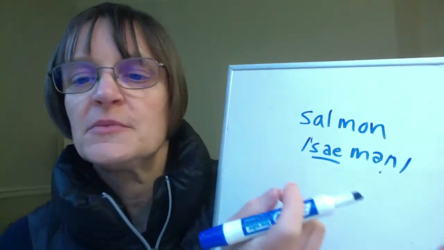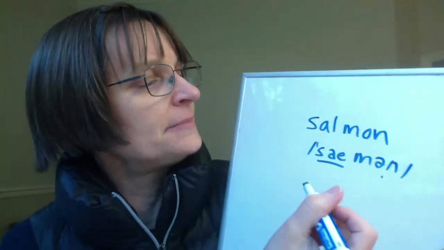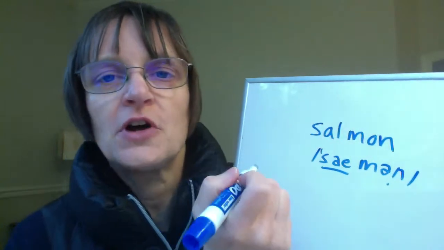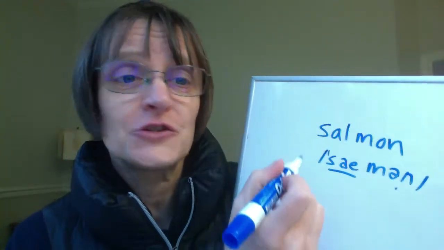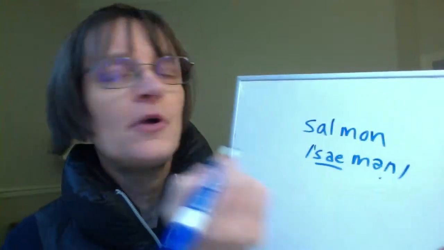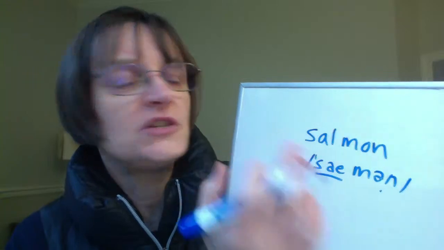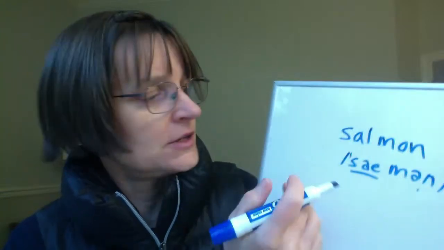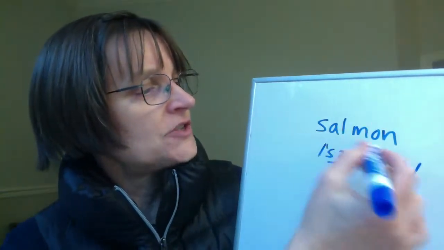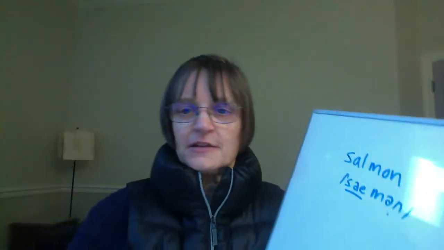So I will hear sometimes people trying to say that L, saying it more like salmon. And I do think that there are some dialects of English where pronouncing the L is the correct way to pronounce it. So I'm always going to be talking about American English pronunciation and what we typically do in North American English. And in North American English, salmon has no L sound. So that's another silent letter.